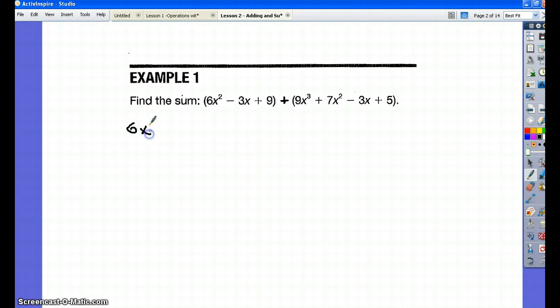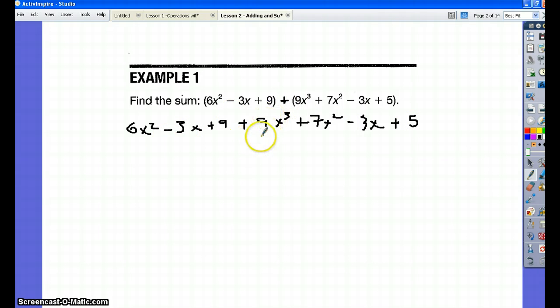So 6x squared minus 3x plus 9 plus 9x cubed plus 7x squared minus 3x plus 5. So notice I could just remove it because there's a plus sign there.